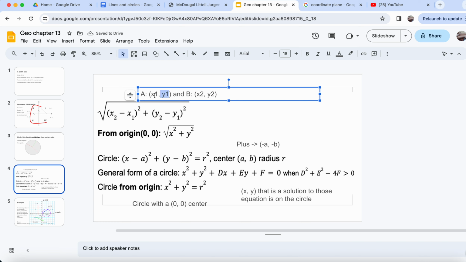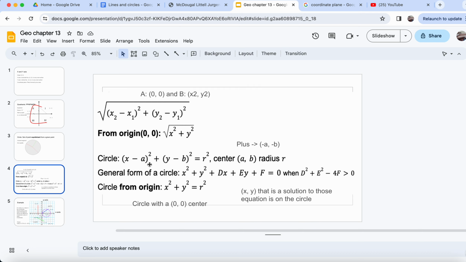If we replace (x1, y1) or (x2, y2) with (0, 0), which is the origin, then it becomes the square root of x squared plus y squared. So it is much simpler when calculating the distance between the origin and one point.